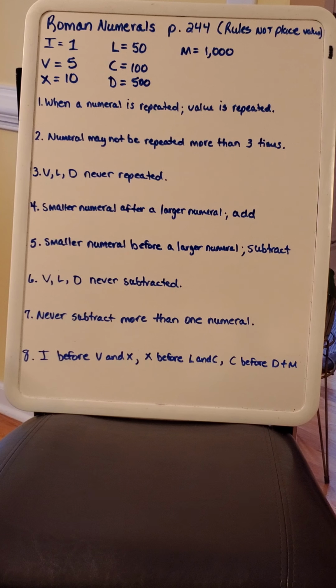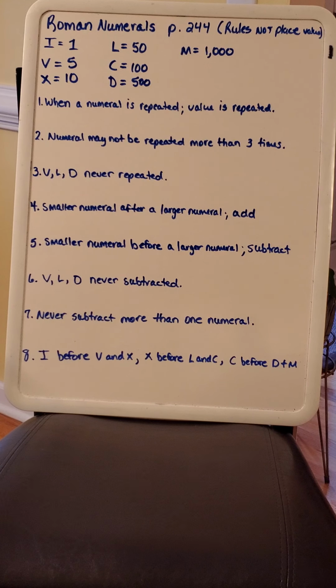So the first rule for Roman numerals is, well, let's first go over the values. I is equal to 1, V is 5, X is 10, L is 50, C is 100, D is 500, and M is 1000. So those are the only numerals that there are, but the rules are what will create all the other numbers.